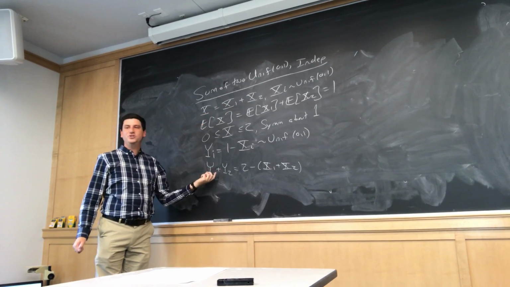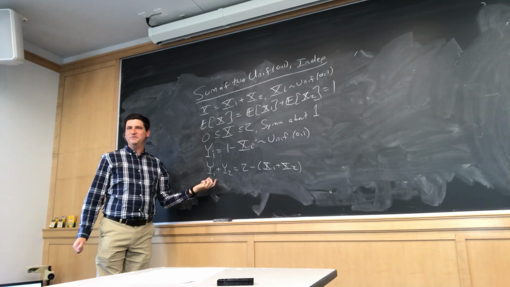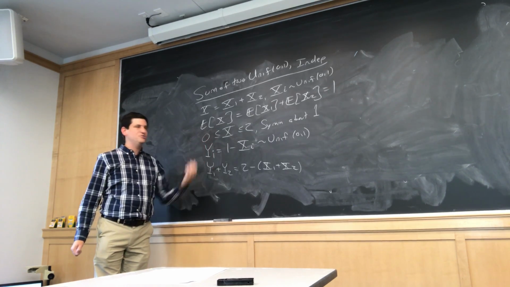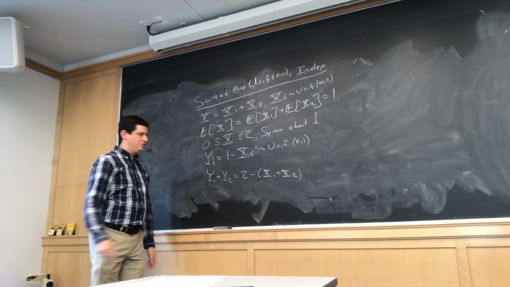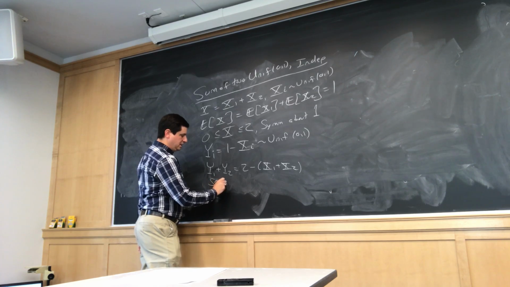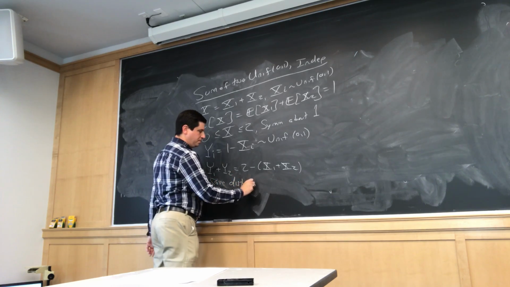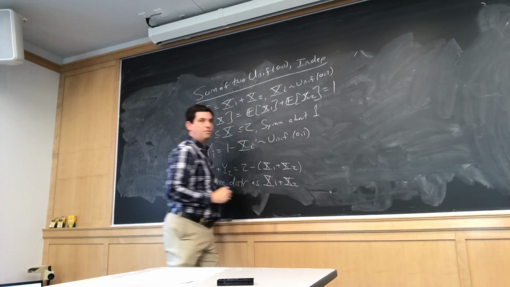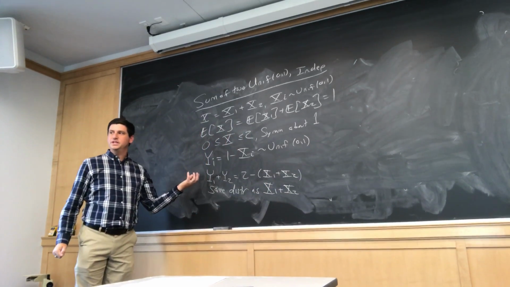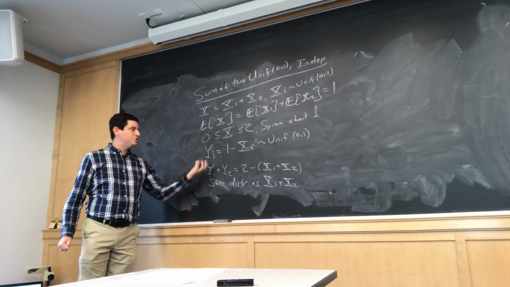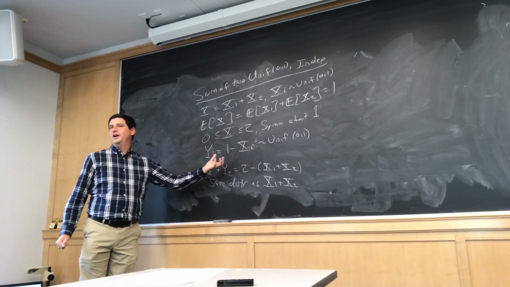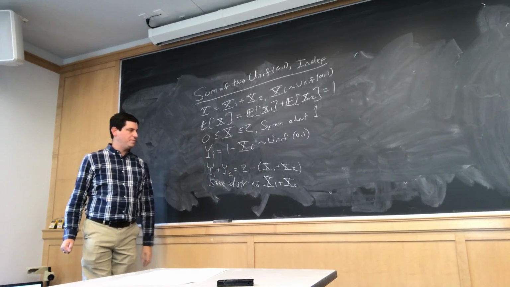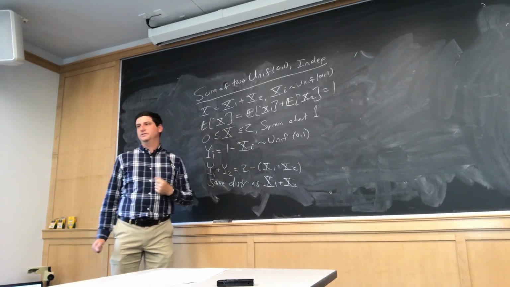They're both sums of 2 independent uniform 0, 1 random variables. They must have the same distribution as X1 plus X2. And what I can deduce from this is I only need to calculate what's going on up to 1, and then I know what's going on from the other part by just looking at 2 minus that.